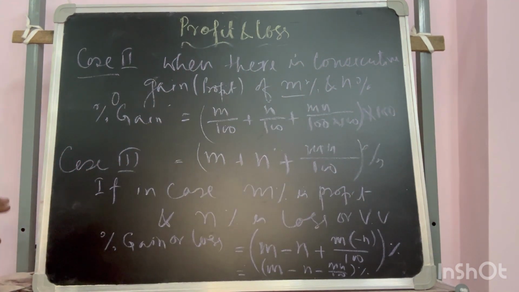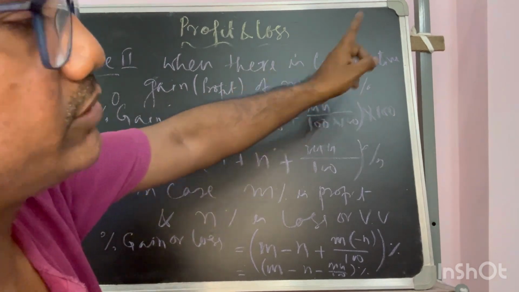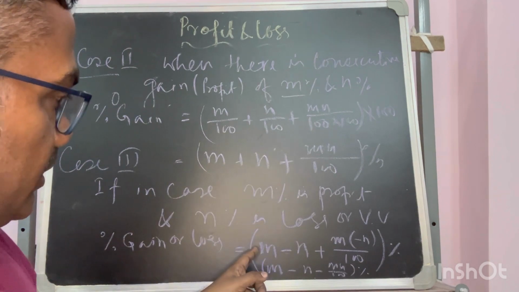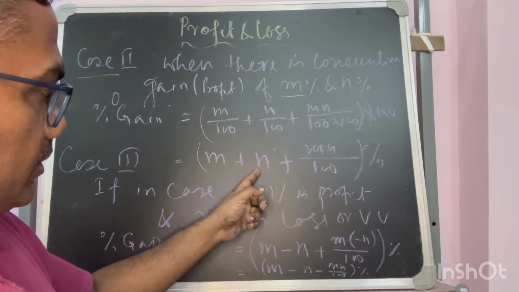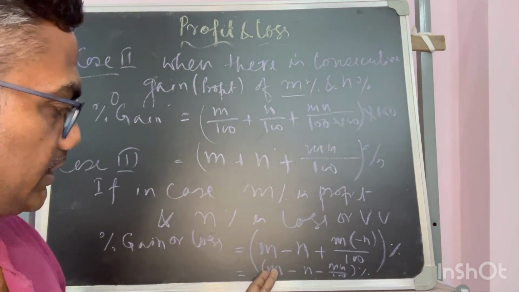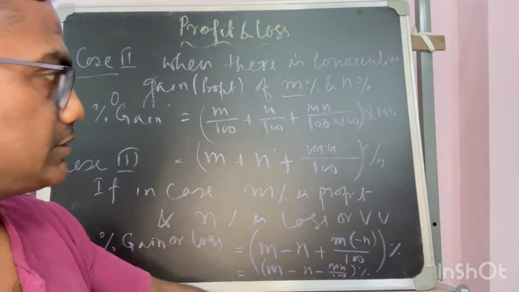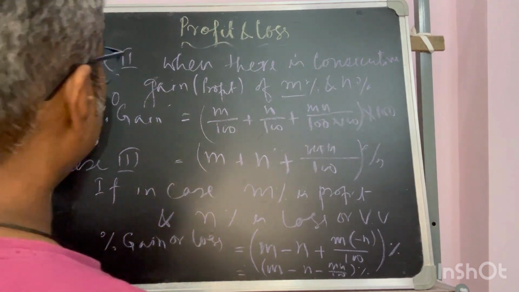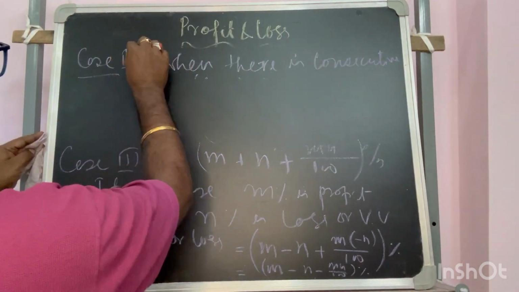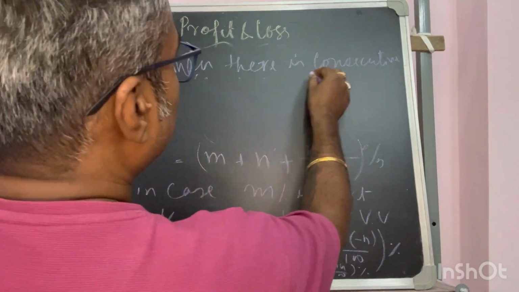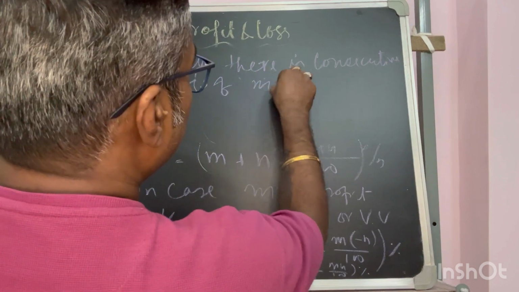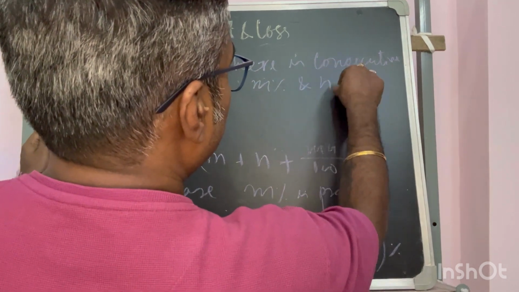The third case could be when there is a consecutive loss. If it is a consecutive loss, both m and n will be negative, but the product will be positive. So mn will come first, then minus m minus n percentage. So case 3 is already done. So case 4, when there is a consecutive loss of m% and n%.